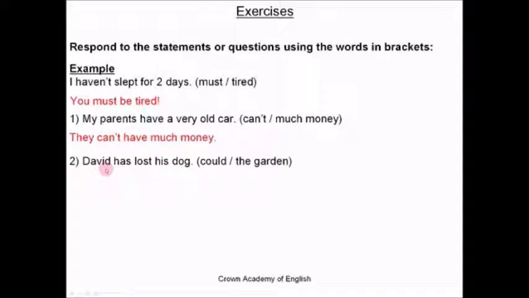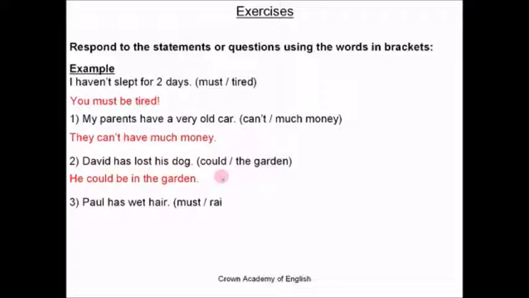David has lost his dog. And the answer to this one, he could be in the garden. Okay, so we are not certain. We are fairly certain that the dog is in the garden, so we say he could be in the garden.